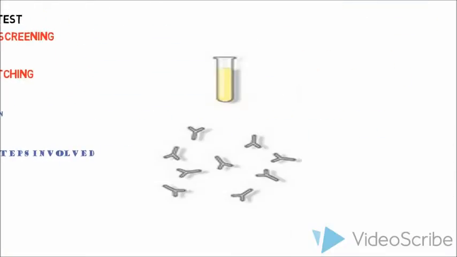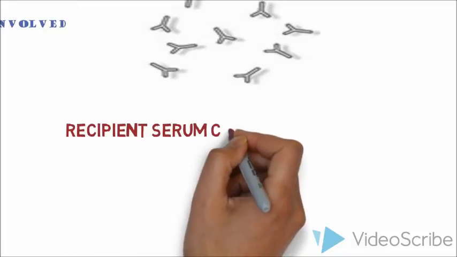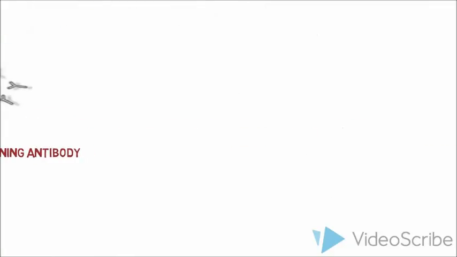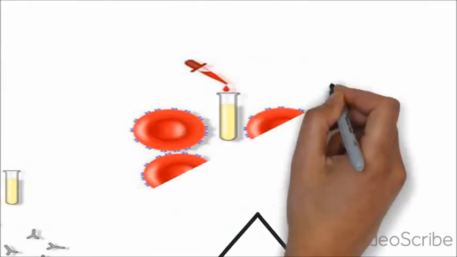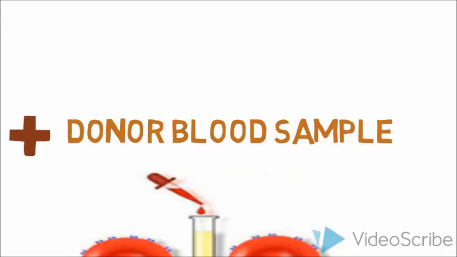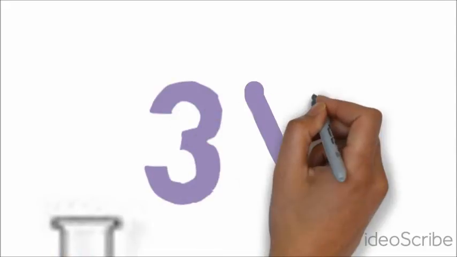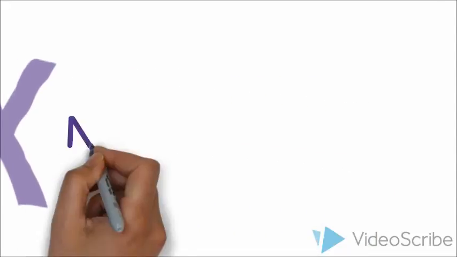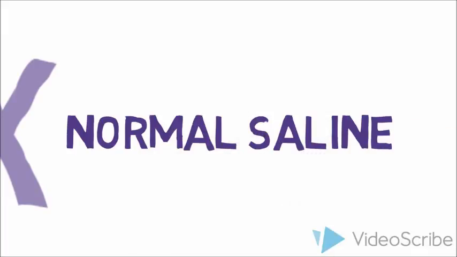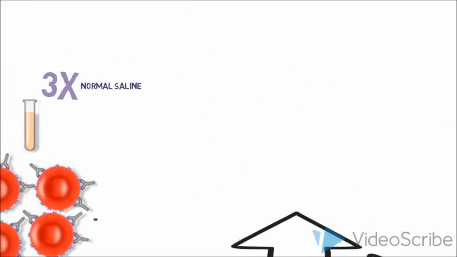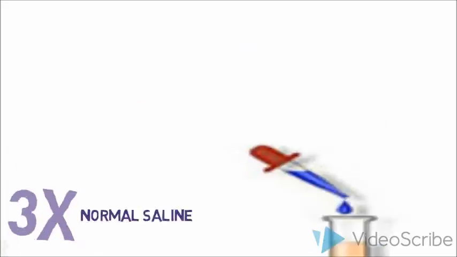We proceed to the steps involved. First, we incubate the patient serum or known serum with donor red cells. Then the antigen and antibody complex forms. Then we wash the cells 3 times in normal saline to remove the excess serum, leaving no free antibody.